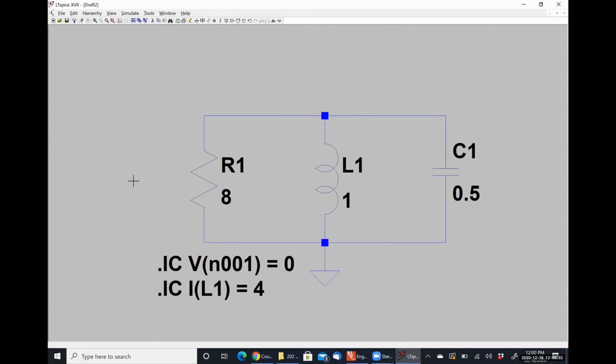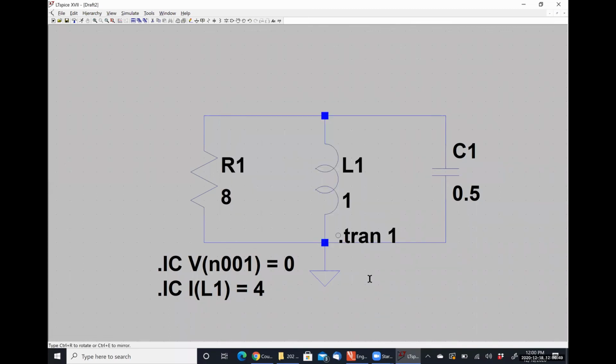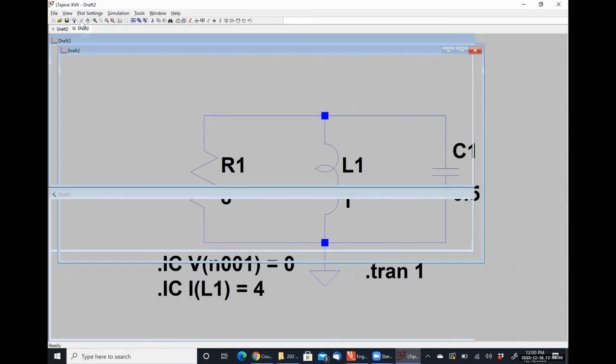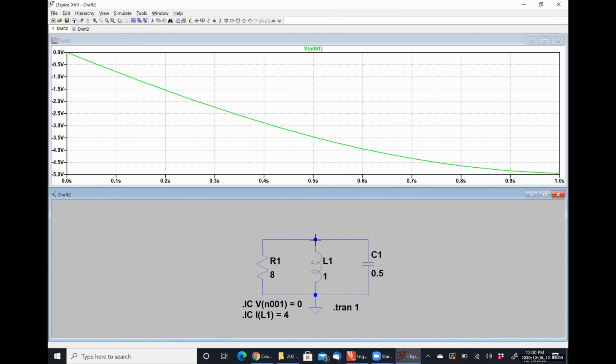Let's look at this thing over per second. So simulate. I'm going to do a transient analysis, and I think 1 second should be long enough, but if not, I'll change it in a minute. Let's run this simulation. So our capacitor voltage is this. It settles.